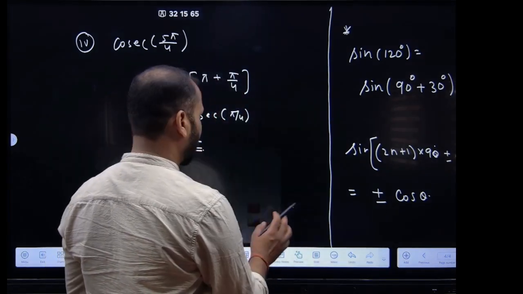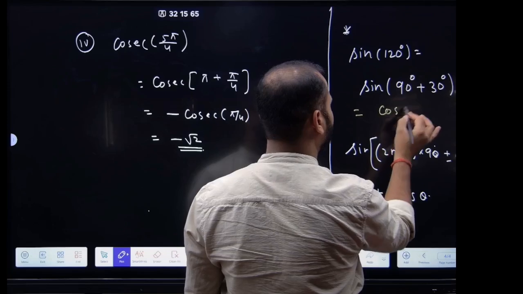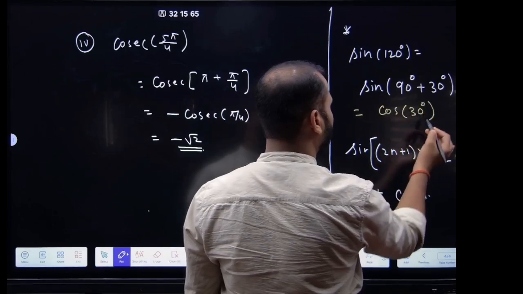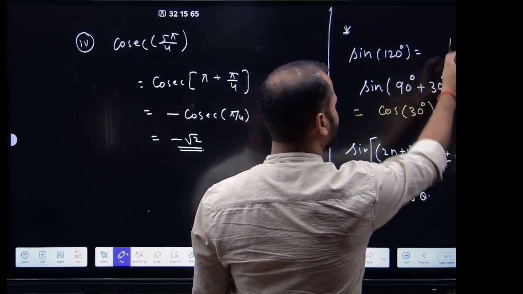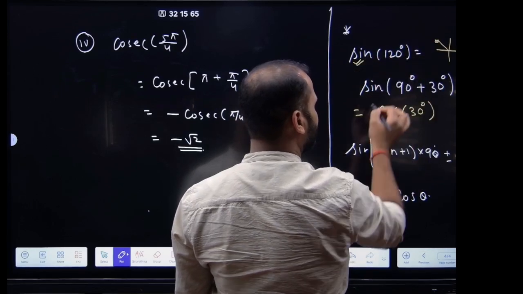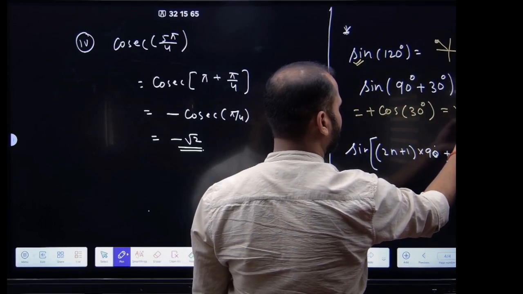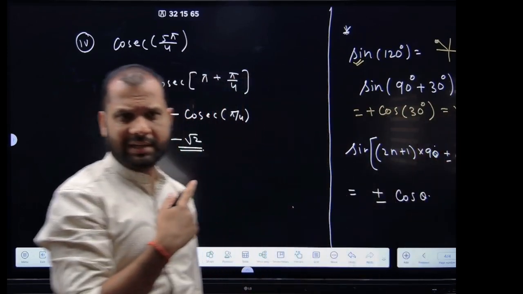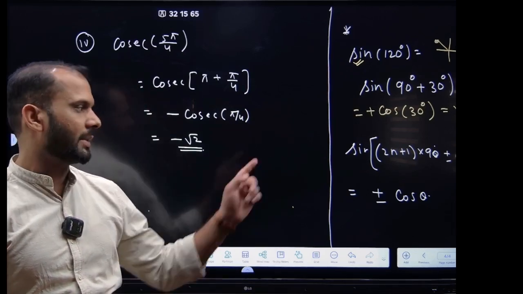Same thing you apply here. If I apply it, what will I get? Sin of 90 plus 30 is cos 30 degree, plus or minus? In which quadrant is it? Sin 120 is in the second quadrant, and sin is positive there, so plus. What is cos 30 degree? Root 3 by 2. What you got last time? Same thing, root 3 by 2. So the final answer will be the same, only the method is different.